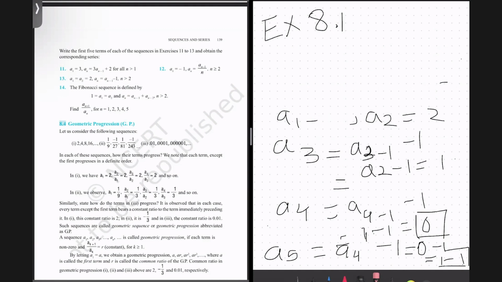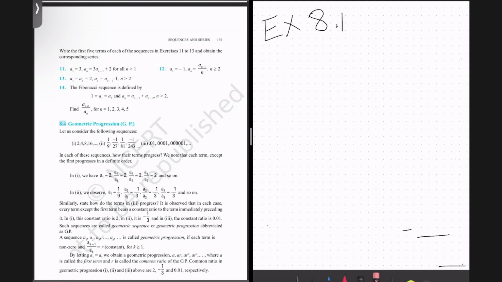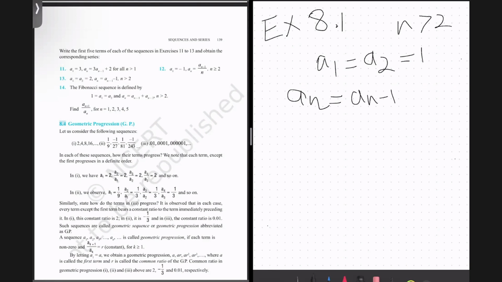The 14th question is going to be an interesting one because we have been described with a Fibonacci series, and depending upon that series, we need to derive other terms as well, right? So the Fibonacci sequence is described in this particular question as a of 1 equals a of 2 equals 1, and for n greater than 2, every other term is described by a of n minus 1 plus a of n minus 2.